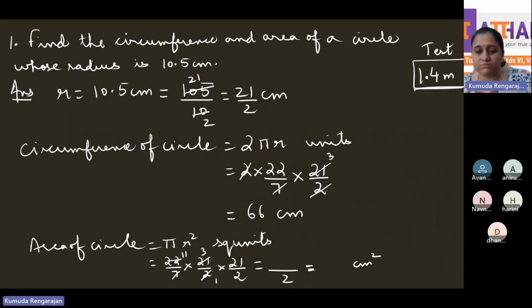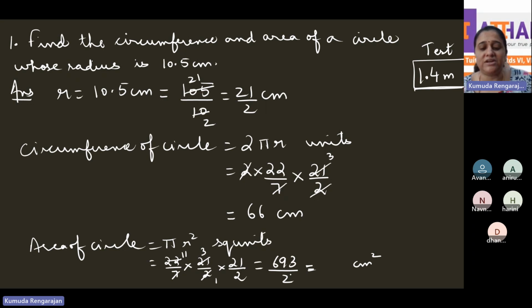Yeah, Dhanvin. What is 11 into 3 into 21? 693, ma'am. Divided by 2, centimeter square. No. What is 693 divided by 2? Because we have 2 in the denominator, right?